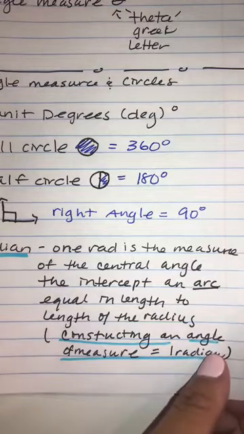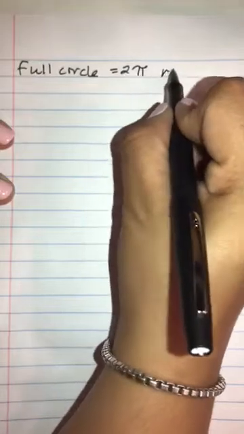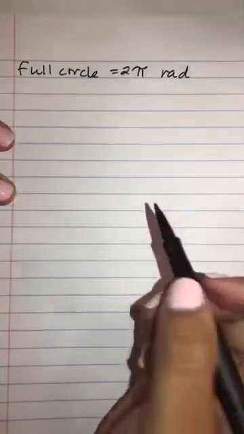Okay. So next, we talked about degrees. So now let's talk about radians. A full circle is going to equal 2 pi radians.